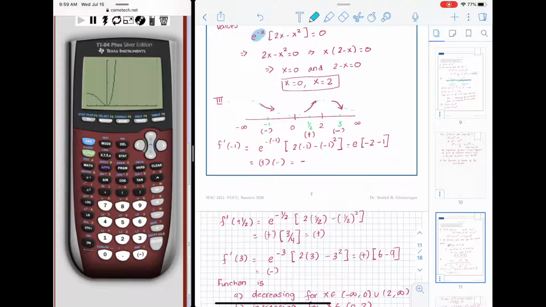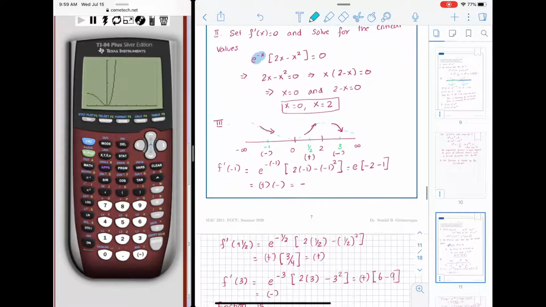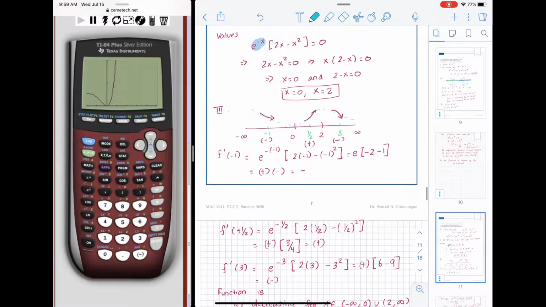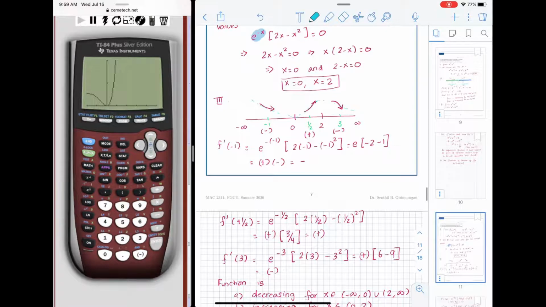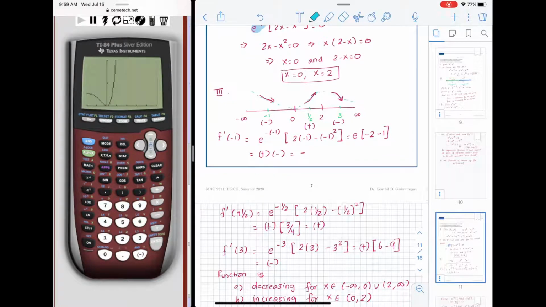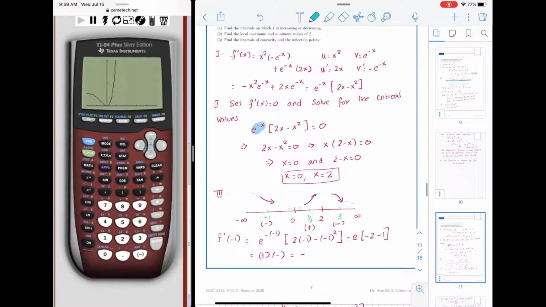Well, it keeps on going up, which means we've made a mistake somewhere at 2. Easy number at 3. We have e raised minus 3 times minus 3 squared.